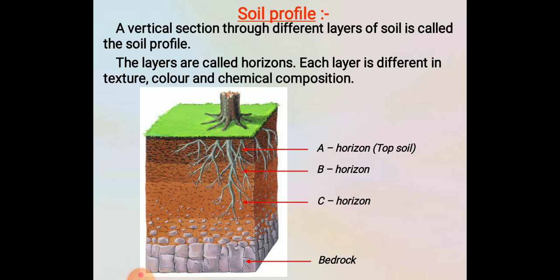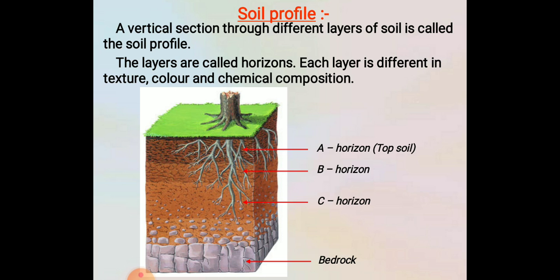The topmost layer is horizon A, which is the darkest in color and usually made up of humus. Beneath horizon A, there is horizon B, which is also called the subsoil. It is lighter in color, harder and more compact.